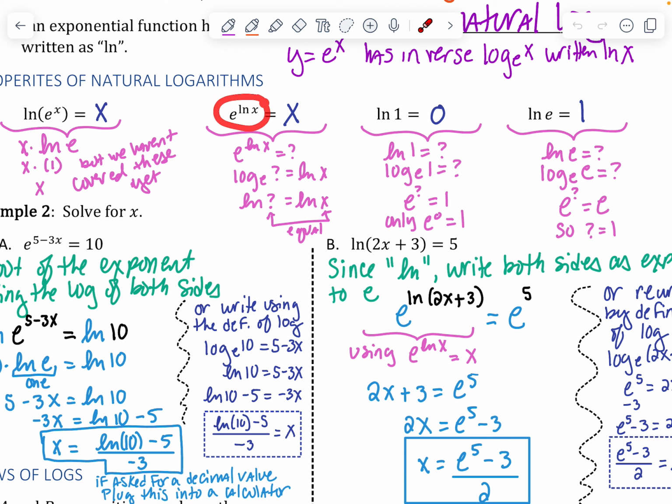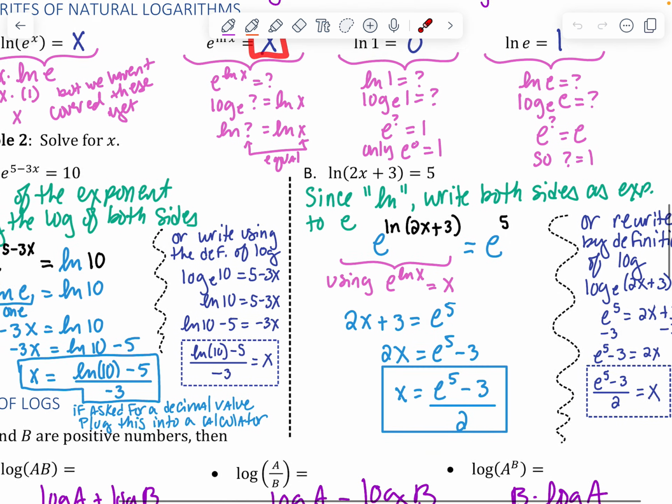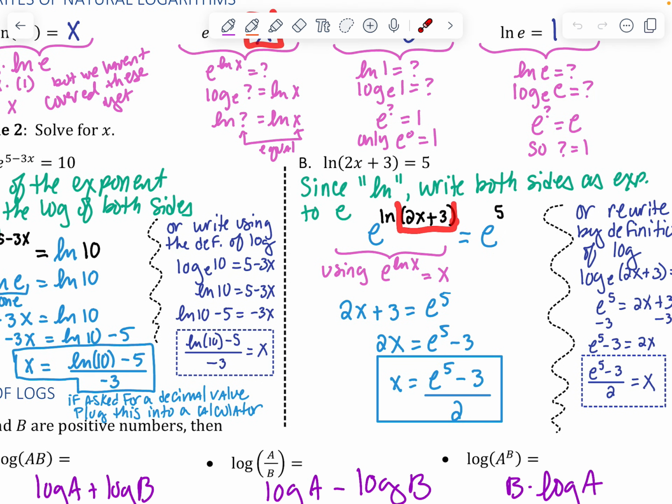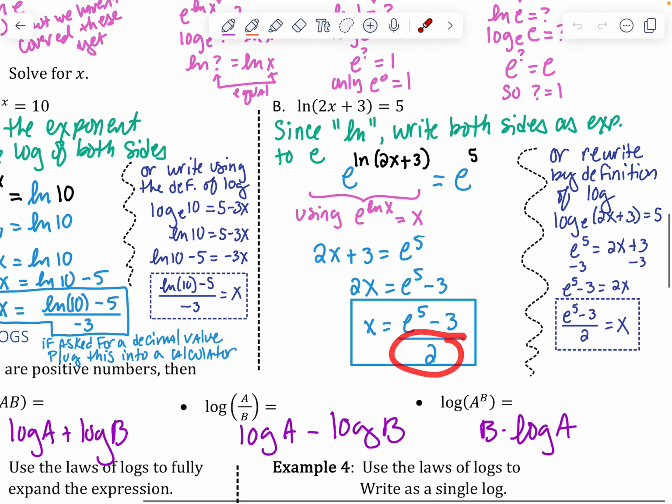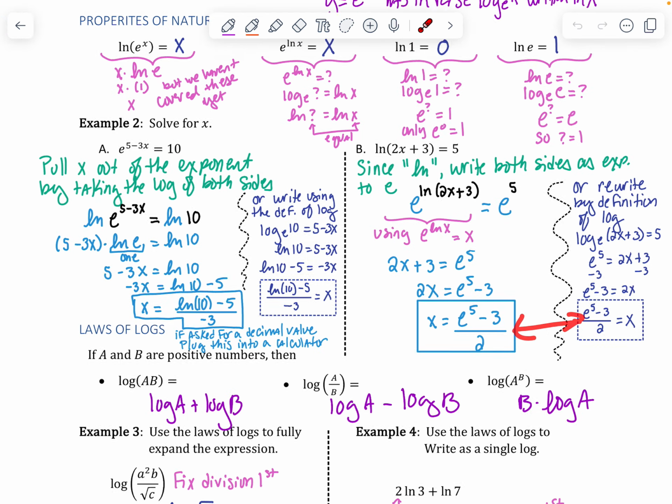Over here we said if you ever have e to the ln of x, whatever the natural log of, that is what you can reduce this down to. So if it's the natural log of the binomial 2x plus 3, I can reduce the left side down to 2x plus 3, where I keep the right side the same. And now I solve for x by subtracting the 3 to the other side and dividing by the 2 to have the exact same answer.